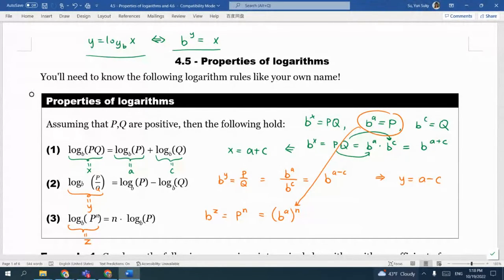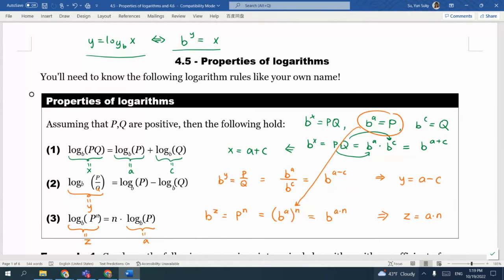By the exponent rule, what's that? Multiply. You see, a times n. So b to the z equals b to the a times n. Because they have the same base, the exponents must be the same. So z equals a times n.